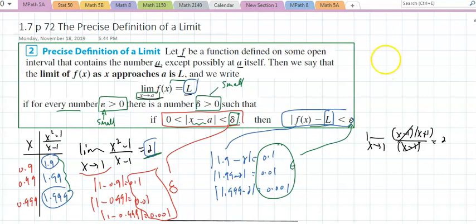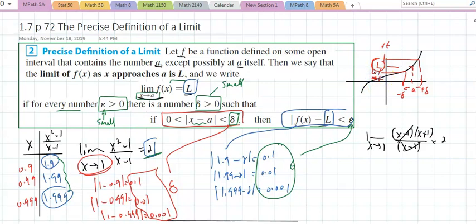Graphically, this is what it's saying. If I'm looking at a graph of y equals some f of x, it says if you take the limit as x approaches a and get an L. When I say pick values close to the 1, which in our case is the a, if you move a delta to the right and a delta to the left, then the values of y should be around this L by no more than an epsilon above and an epsilon below.